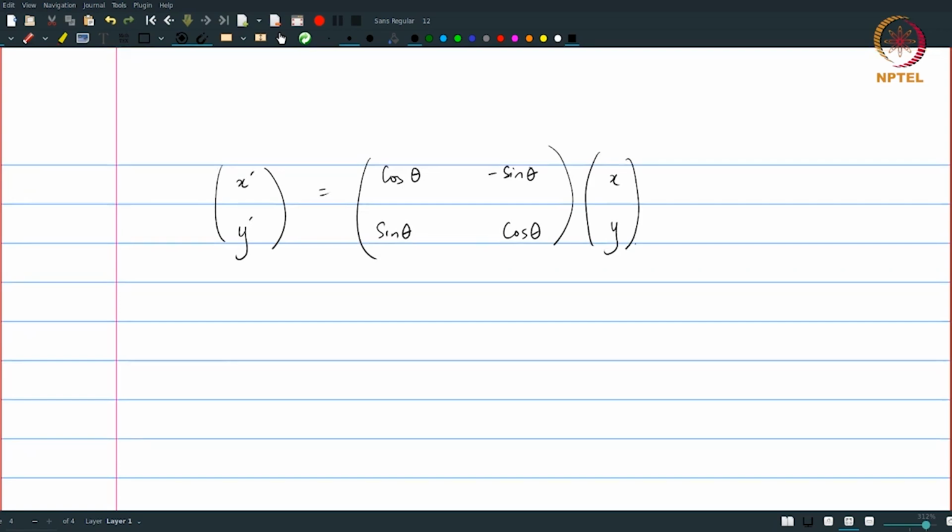So now how does this help us? Step 1 would be: rotate by minus 45 degrees and check the result, whether y is greater than or less than 0.